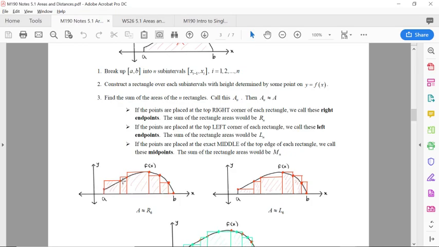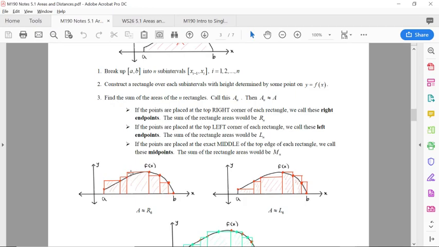You see that with these same points along the function here, if we choose the sample points along the function to be at the right edge of each rectangle, right? This point right here is at the upper right edge of the associated rectangle.